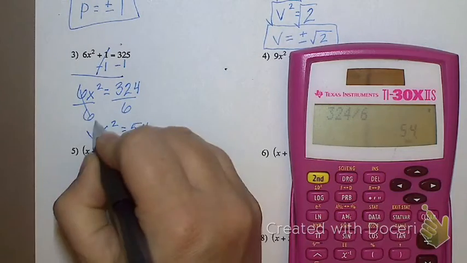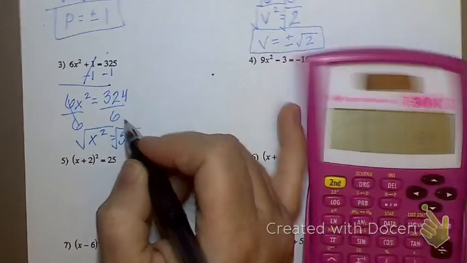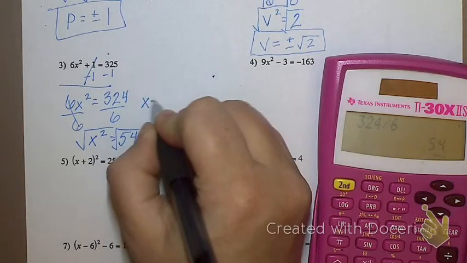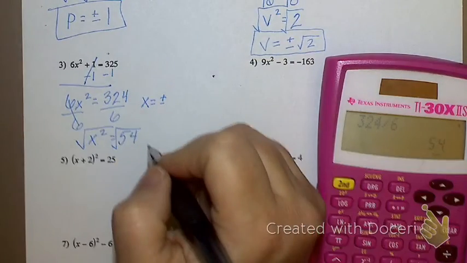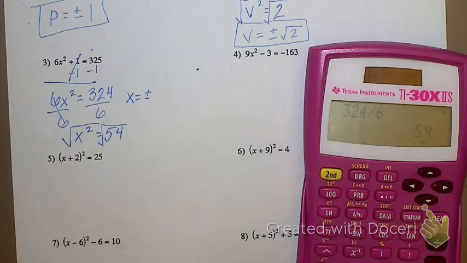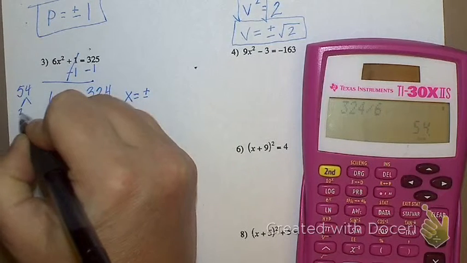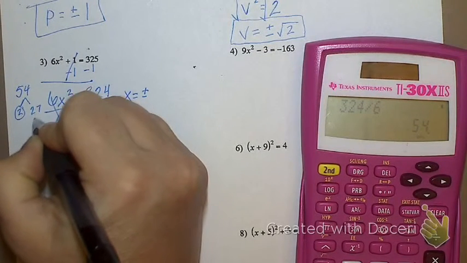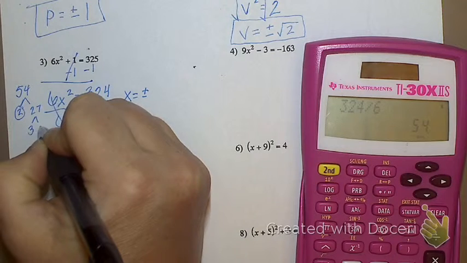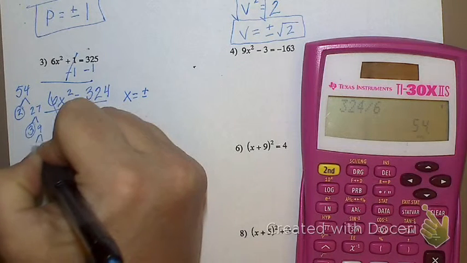Now I'm ready to square root, remembering that I have to include what? Plus and minus. Is the square root of 54 a nice number? No. So what's my next thing that I check? Draw a tree. So 54, that would be 2 and 27, and 27 is 3 and 9, and 9 is 3 and 3.